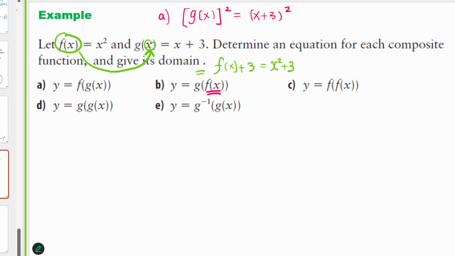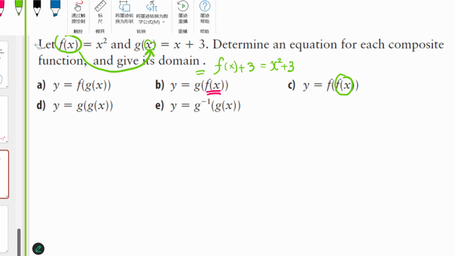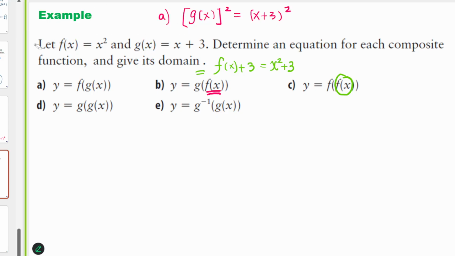So how about f of f(x)? I'll give you a hint. So basically, you need to use f(x) as an input for f(x). So that means you need to substitute the input of f(x) with f(x) itself.